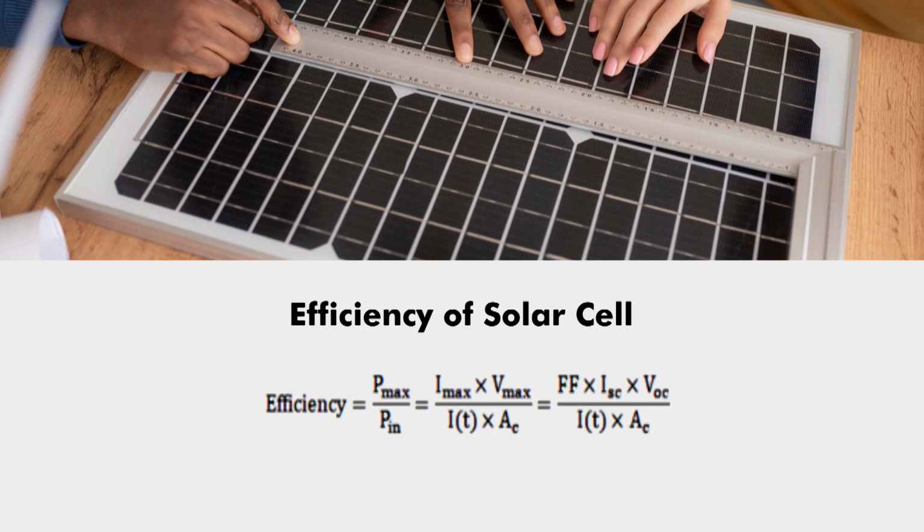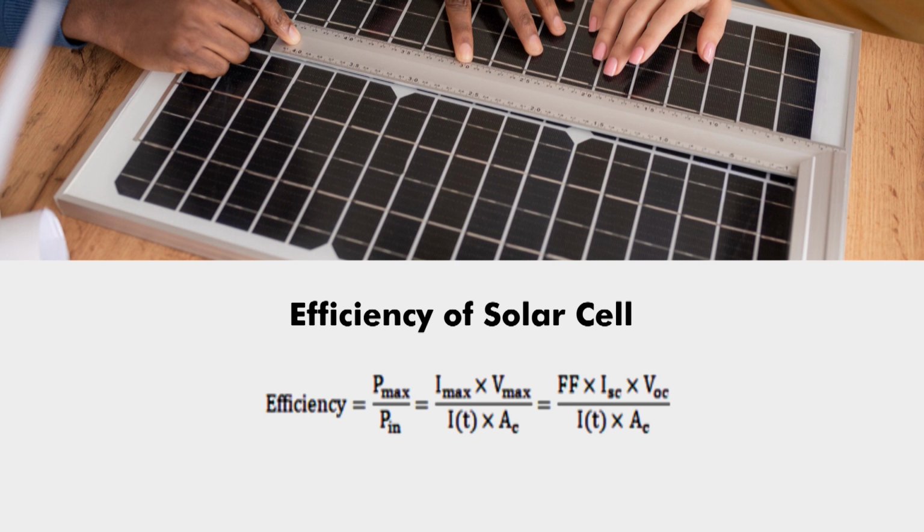What is this P max? P max is the product of maximum voltage and maximum current. And input power is what? Input power can be calculated by measuring the intensity, and this intensity can be measured by different instruments, as we have discussed in the previous lecture, like a solarimeter or pyranometer, and then you have to multiply it by the area of that solar cell if you are calculating the efficiency of the solar cell.